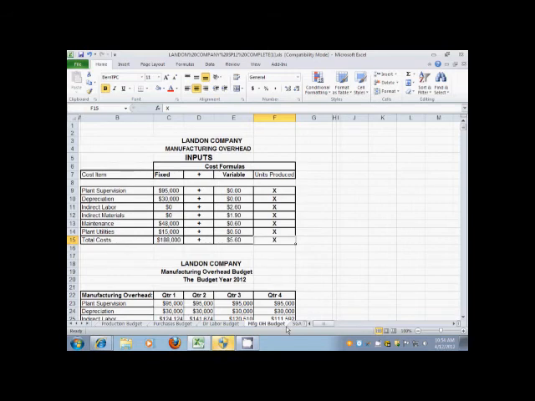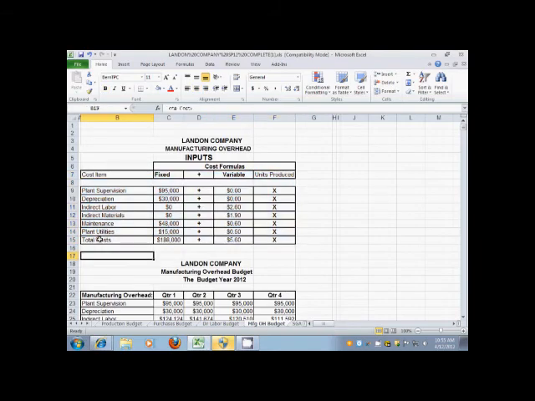For the manufacturing overhead budget, the cost driver's units produced, and I'd like you to note that this is a total cost formula. $188,000 of fixed cost plus $560 times the number of units produced will give you the estimate for manufacturing overhead for the quarter. So it's very important that you understand this input section ends up giving you a cost formula right here for the quarter.